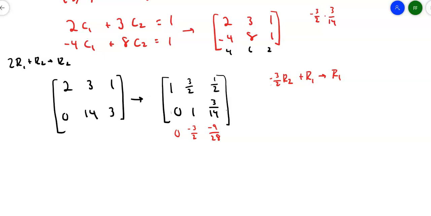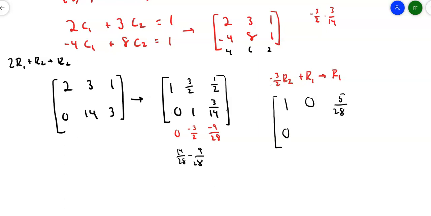All right, let's try this. In the top row, 1 plus the red 0 down the bottom is 1. 3/2 minus 3/2 is 0. If I take a half minus 9/28, well, a half is 14/28. So take 14/28 minus 9/28, and I get 5/28.